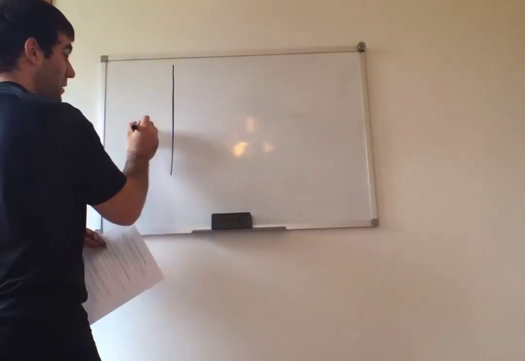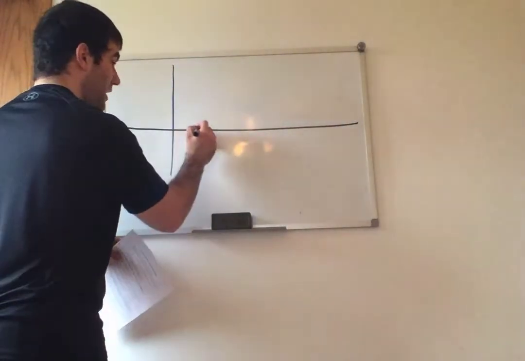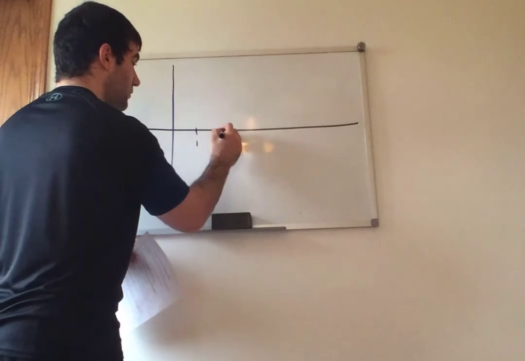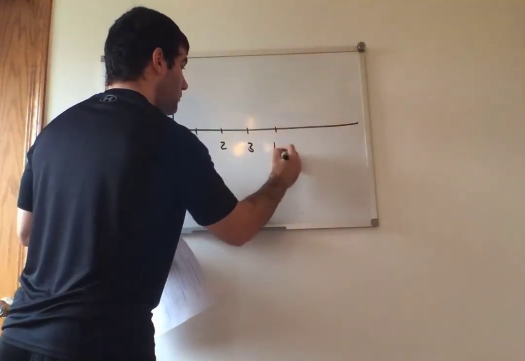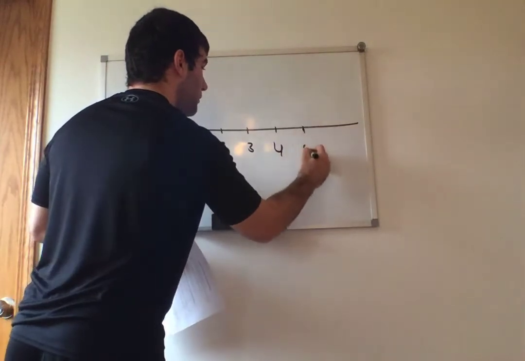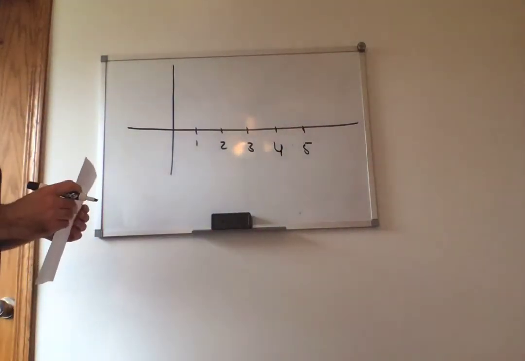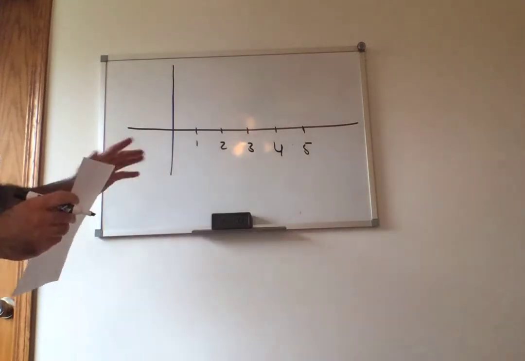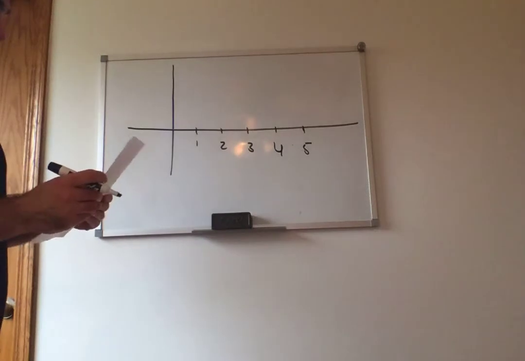You don't even have to label the y-axis. But now here's my x-axis, and we're at 1. Here's 2, 3, 4, 5. Okay, so we only have to draw our function between 1 and 5 because that's all it's asking for.